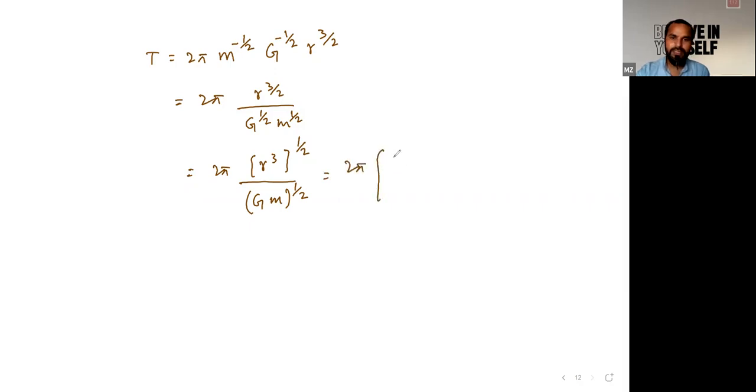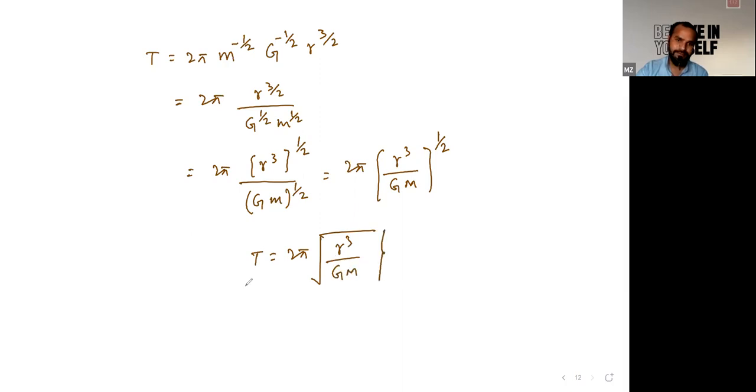So it becomes r to the power cube divided by gm and whole to the power half. As we have discussed in the last class, if the exponent is half, it means square root over the entire part. So we're left with nothing but 2 pi root under r cube divided by g times m.